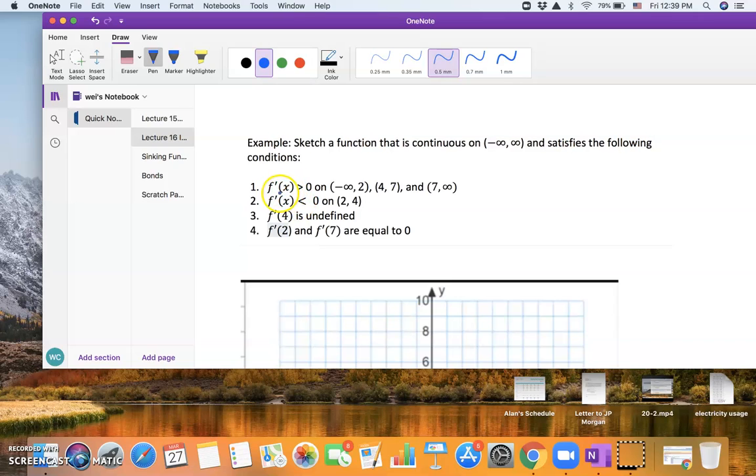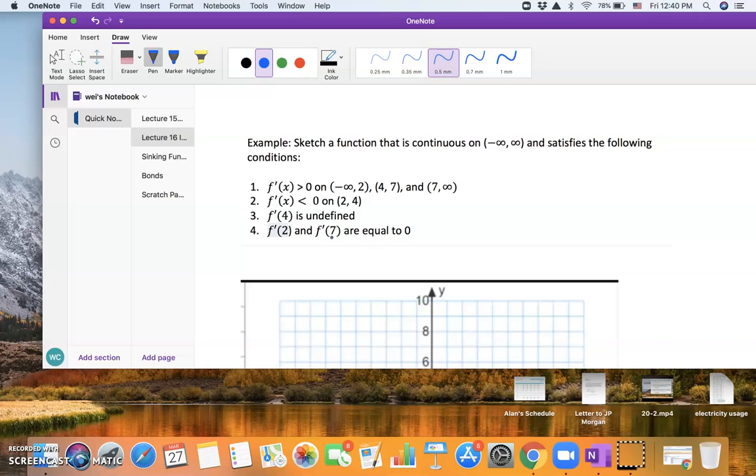One, the derivative is positive on the interval from negative infinity to 2, from 4 to 7, and from 7 to infinity. The derivative is negative on the interval from 2 to 4, and the derivative is undefined at x equals 4, and the derivative is 0 at x equals 2 and x equals 7.